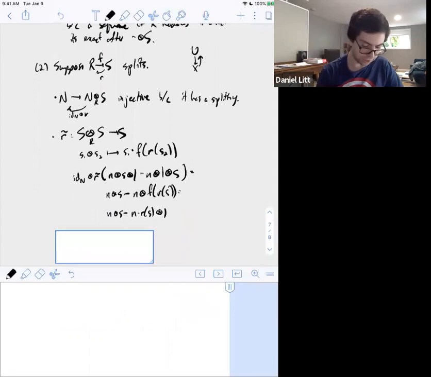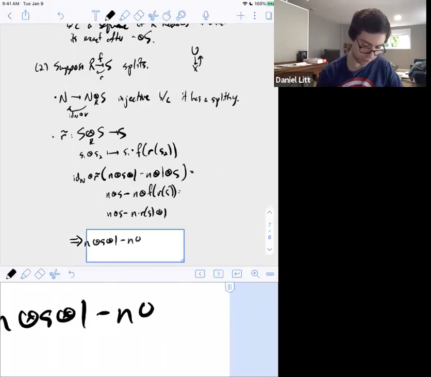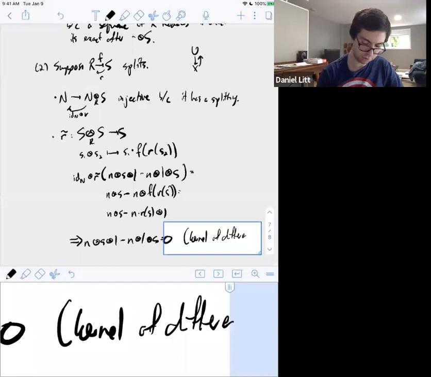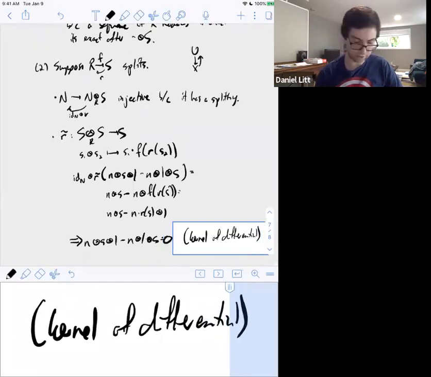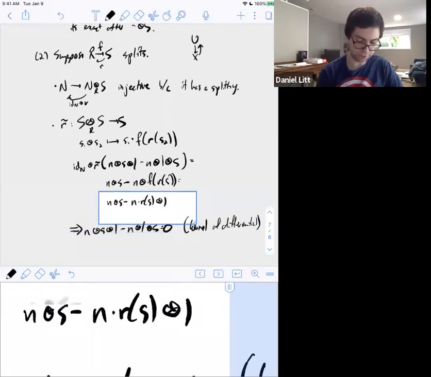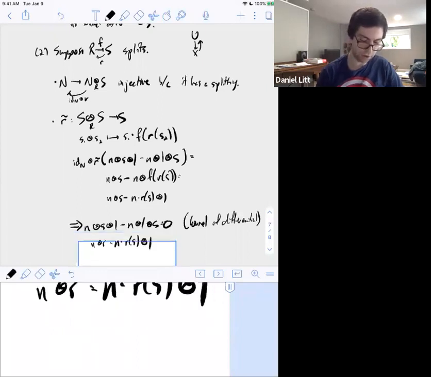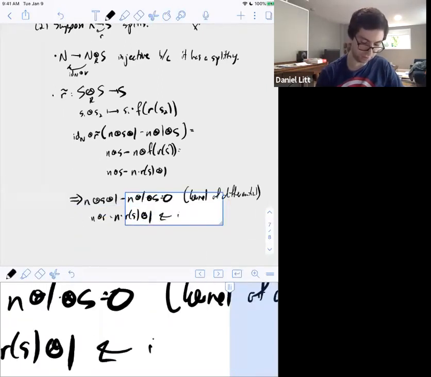Okay, so what does that tell us? That tells us that if N tensor S tensor 1 minus N tensor 1 tensor S equals 0, which means you're in the kernel of the differential, then that last thing equals 0. So we get N tensor S is equal to N times R of S tensor 1. But this is in the image of our differential.